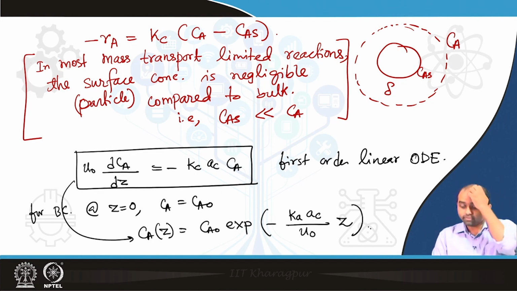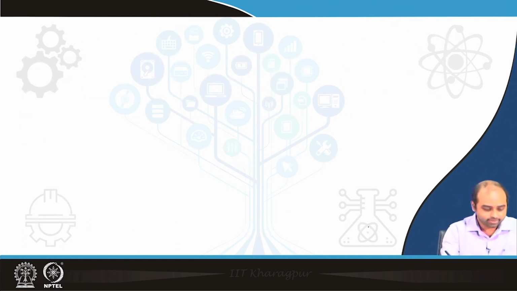right. So, even with so many assumptions and some very practical considerations, you can find out how this reactant concentration decreases along the length of the packed bed reactor. Even though it is very simple, it is a very powerful relation, in the context that you can actually work out how the reaction rate varies in the reactor.